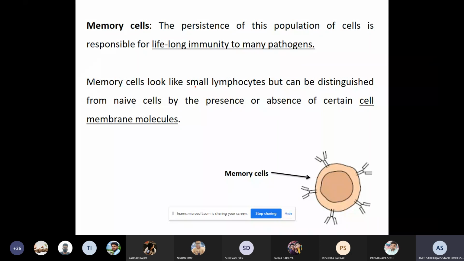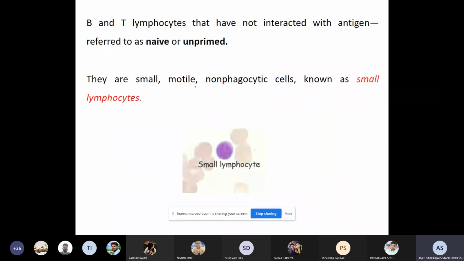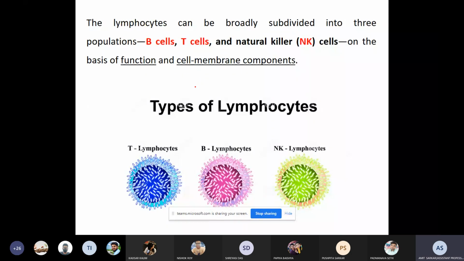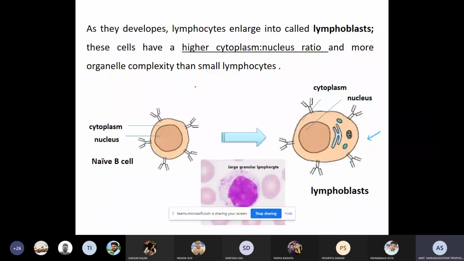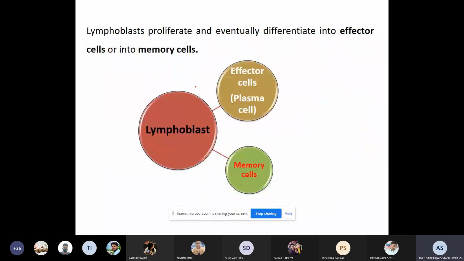Okay. So once again, we have seen the types of lymphocyte: B, T, and NK cell. Then we talked about the small lymphocyte and its characteristic features, and how the small lymphocyte is converted to a lymphoblast and its characteristic features. The lymphoblast differentiates into two different types of cell, effector and memory.